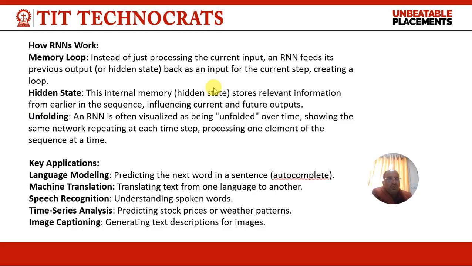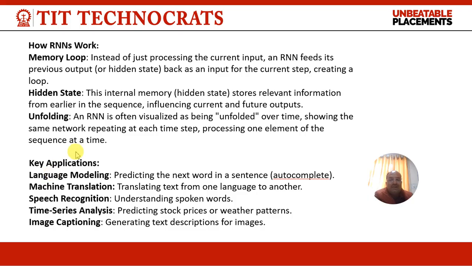The internal memory, or hidden state, stores relevant information from earlier in the sequence. For maintaining the sequence, we have to use a loop. Now the third part is unfolding. RNN is visualized as being unfolded over time.